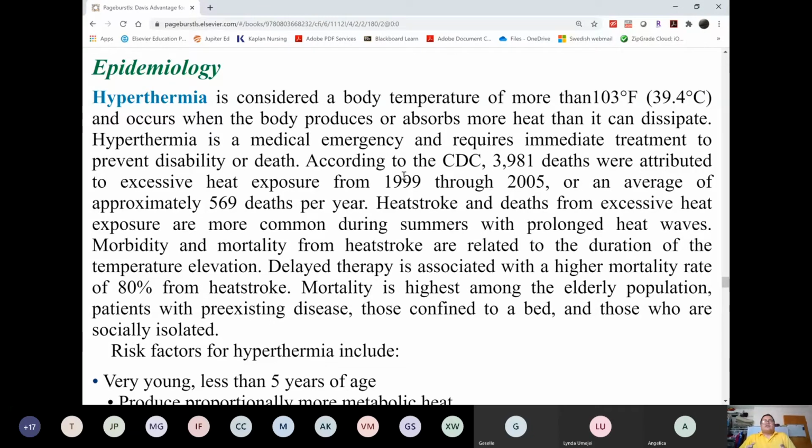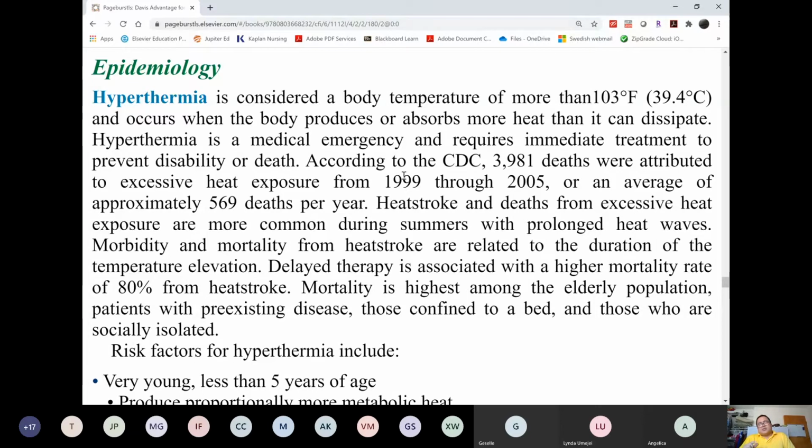Okay, in fever, which is caused by an infection, the pyrogen is the organism causing the fever, right? So the pyrogen causes a change in your thermostat, in your set point.